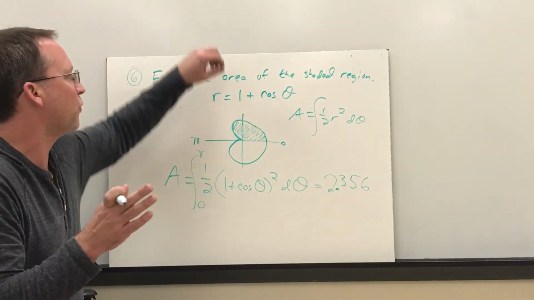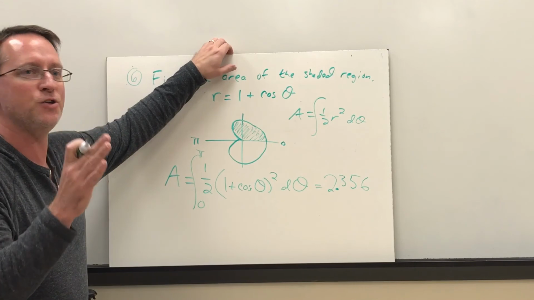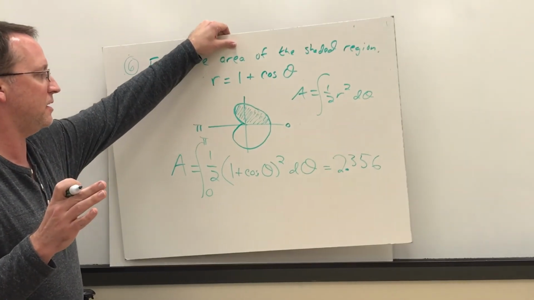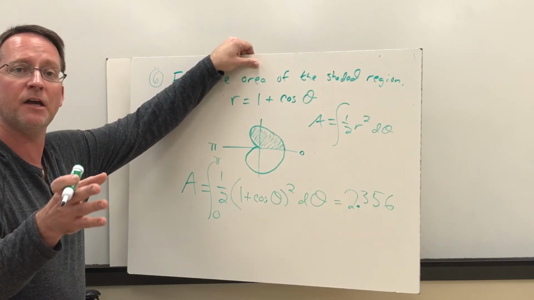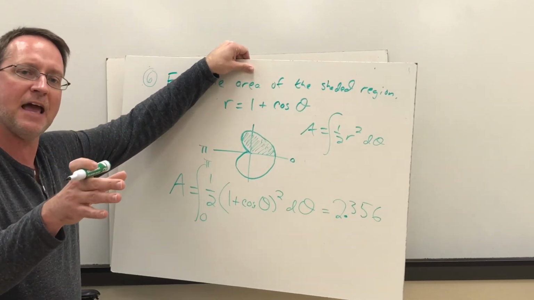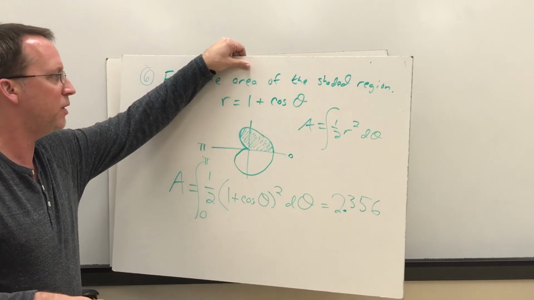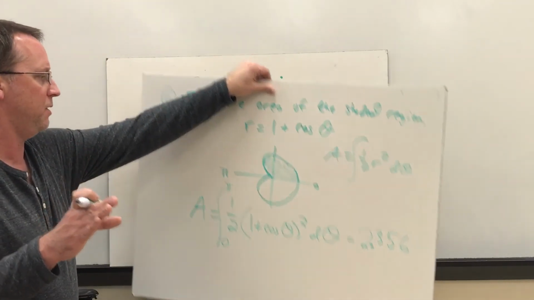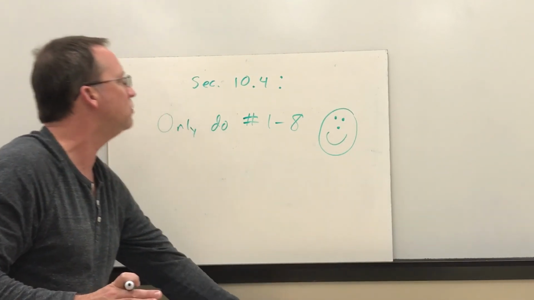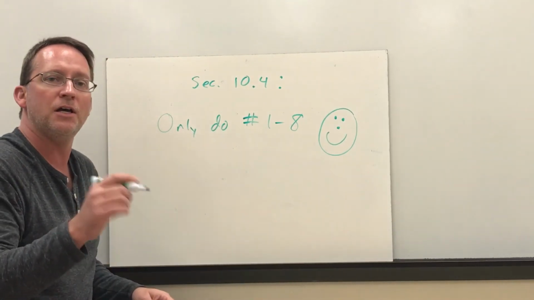The good news for you is you're not going to do all the problems that are in the assignment. The more I looked, the book wants you to do some things with the calculator with polar, and I don't want you to get into that. If we've got time at the end, maybe we will, but I want to deal with just the stuff that you need to do on the AP exam in these videos. So all you need to do in that section 10.4 is just 1 through 8.